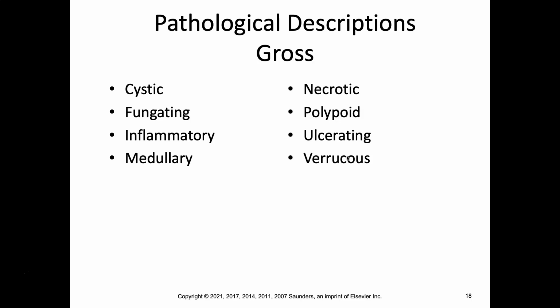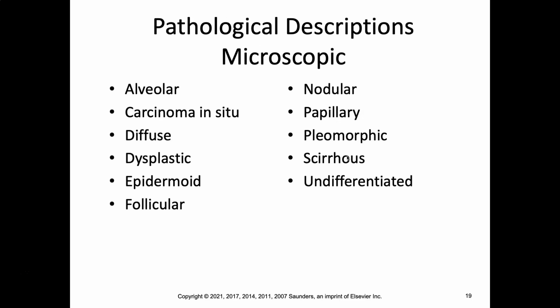The first thing they do is look at it with their eyes. This is called gross description. They may say it looks cystic, fungating, inflammatory, medullary, necrotic, polypoid, ulcerating, or verrucous. All of those are defined in your book, so I would suggest you look at that there.